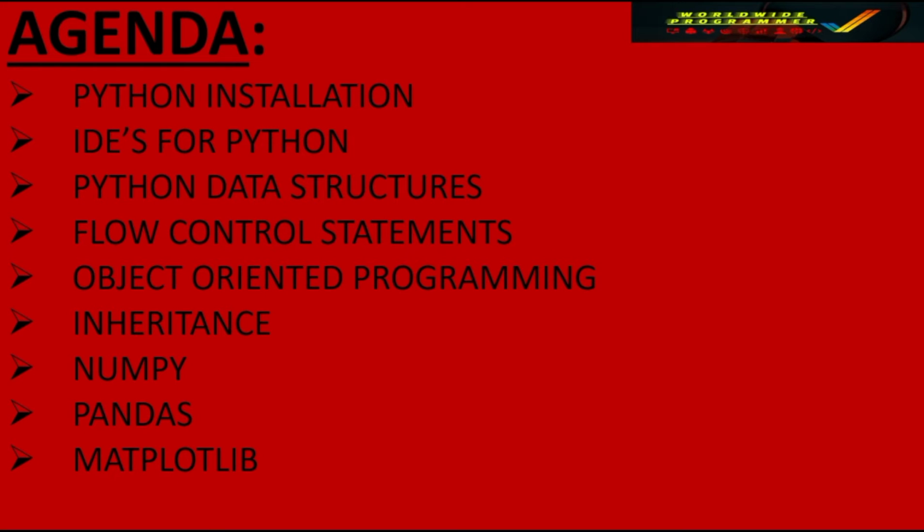These are the agenda of our course. First we will discuss the installation of Python. We will install Python, then we'll install some IDEs for Python, then we'll discuss data structures, flow control statements, object oriented programming, inheritance, NumPy, pandas, and the matplotlib library.